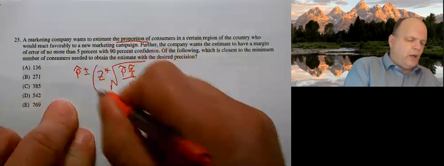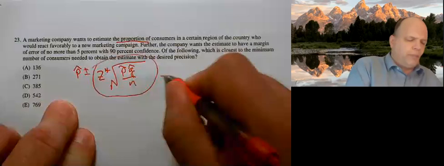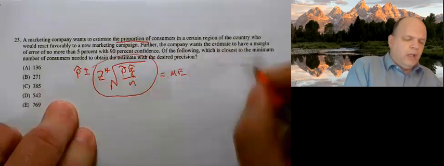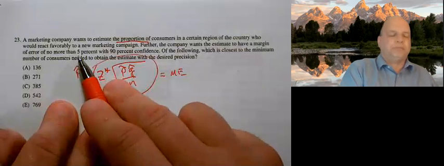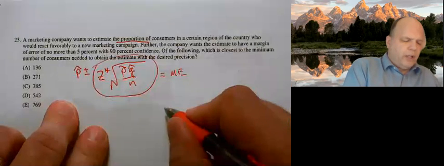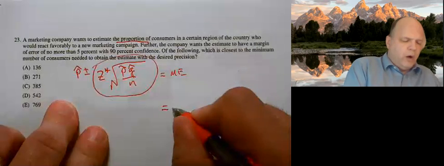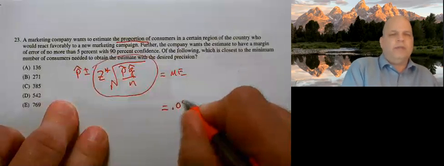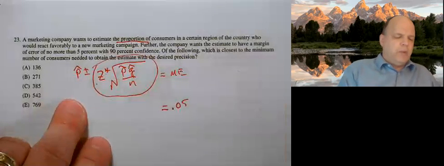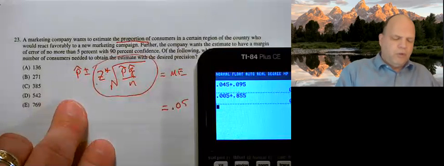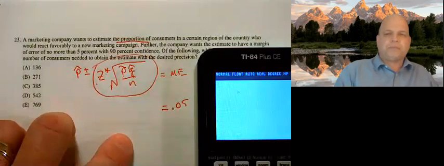Well, this right here is my margin of error. And they're telling me that they want a margin of error of no more than 5%. So we need to start plugging in what we know. We know our margin of error is going to be 0.05. And we know that they want to do a 90% confidence interval, which means I need to get my Z star.